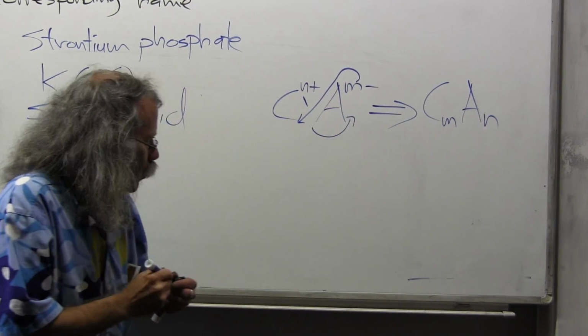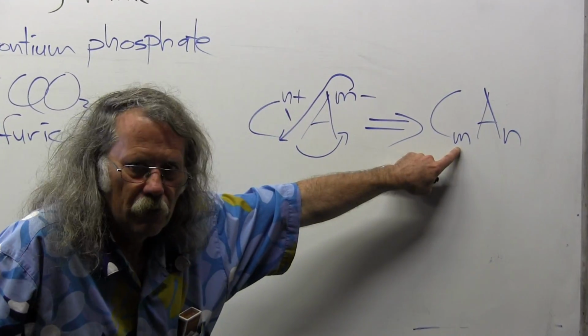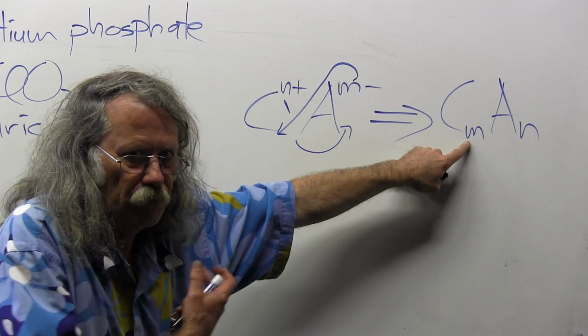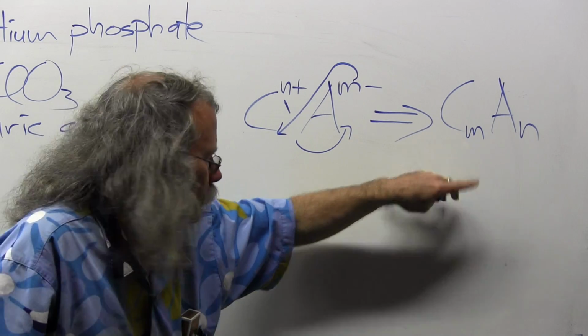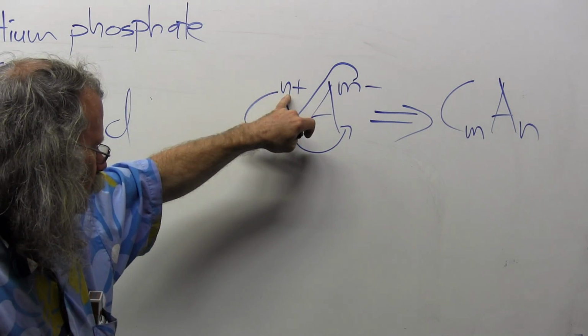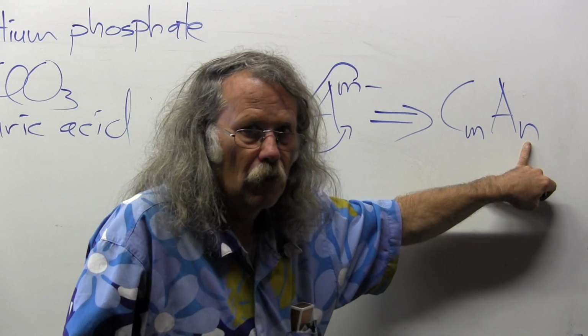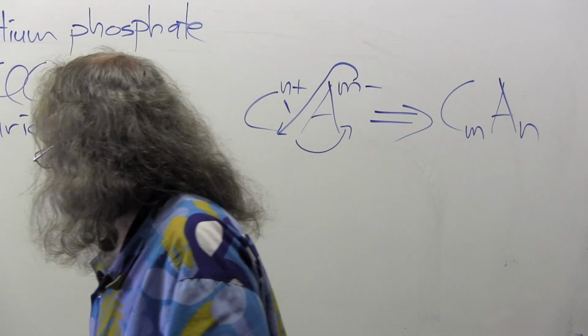So whatever the charge number on the anion is going to be the subscript of that cation in the formula. And whatever the charge was on the cation is going to be the subscript of the anion. And this guarantees that it's going to be neutral.